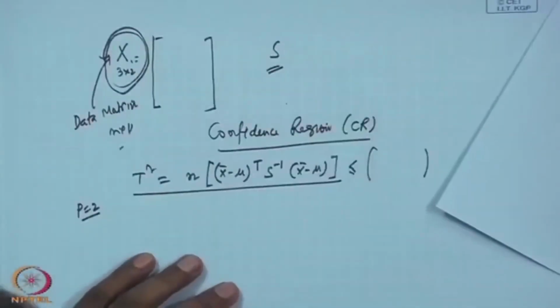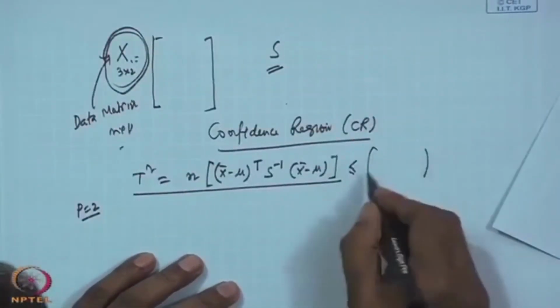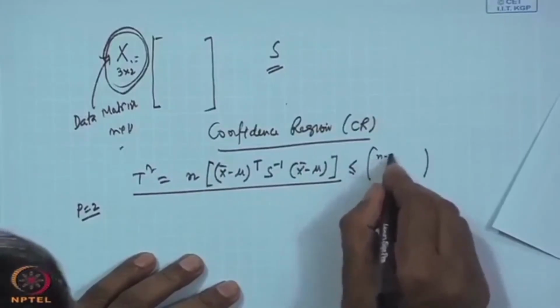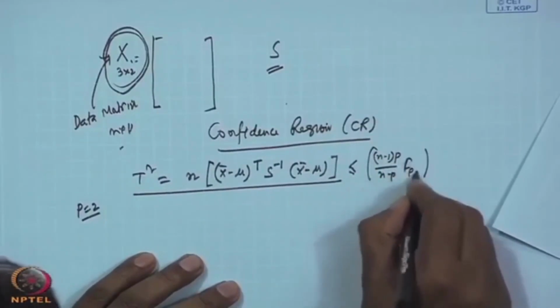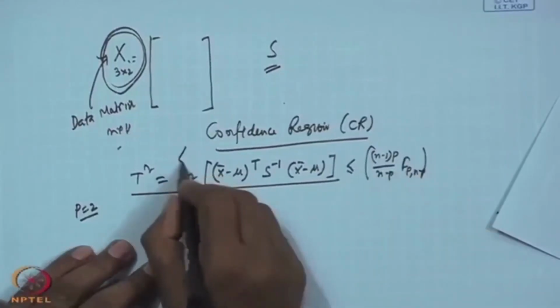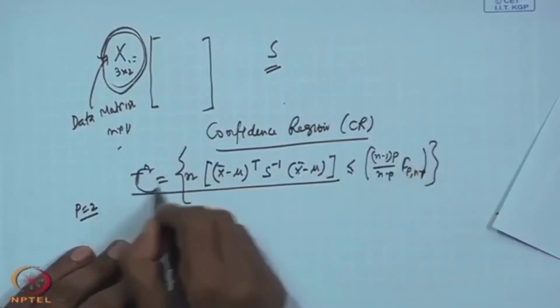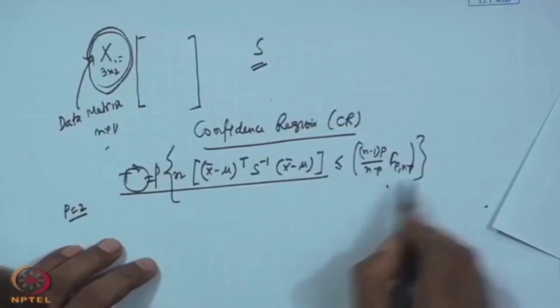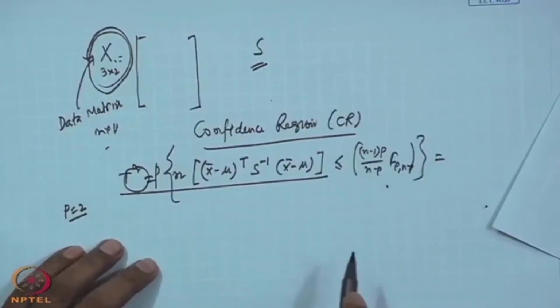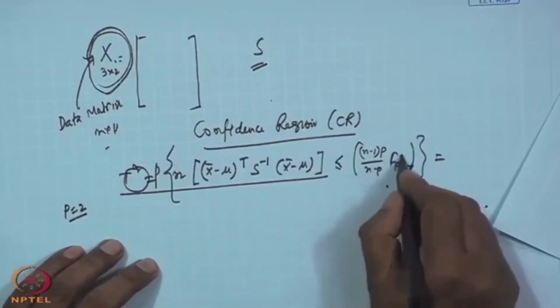So, I write that the probability that this quantity will be less than (n minus 1) into p by (n minus p) F p, n minus p, what will be the value?